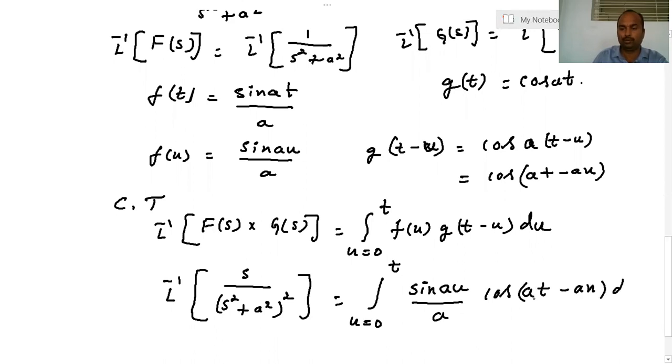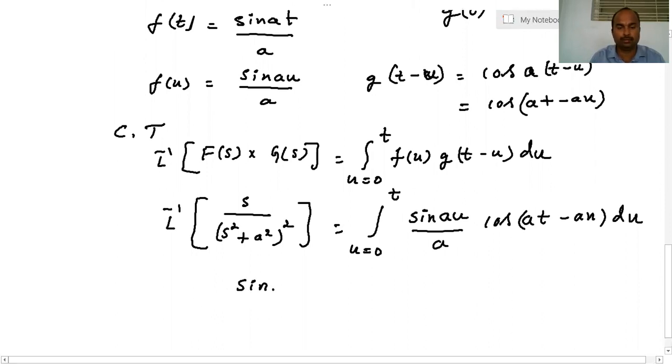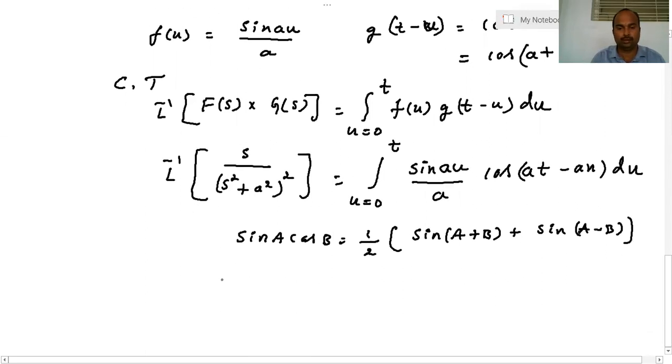Now we have to evaluate this integral. To evaluate, there are two functions, sin and cos. So I will use the sin A cos B formula. Sin A cos B will be 1 by 2 into (sin(A plus B) plus sin(A minus B)). So we'll apply this to sin au and cos(at minus au).